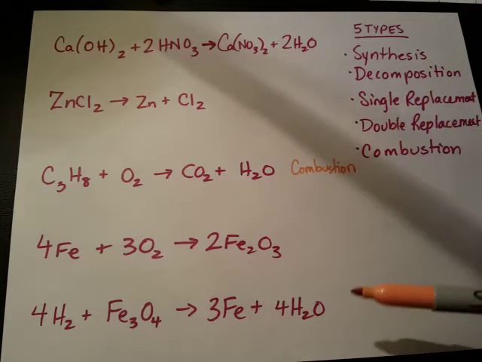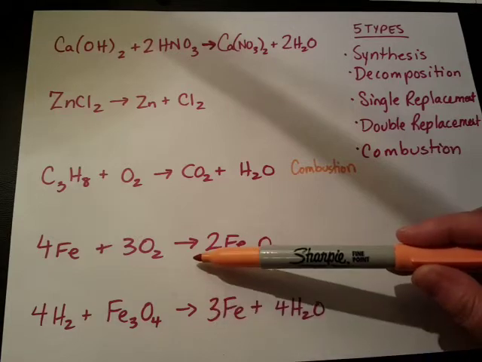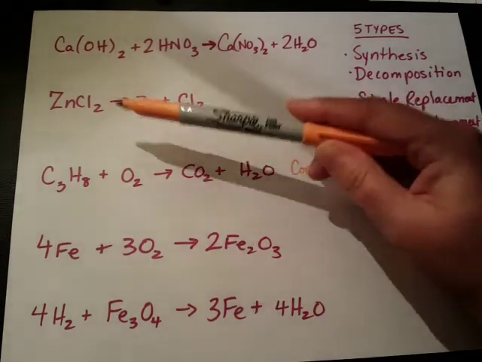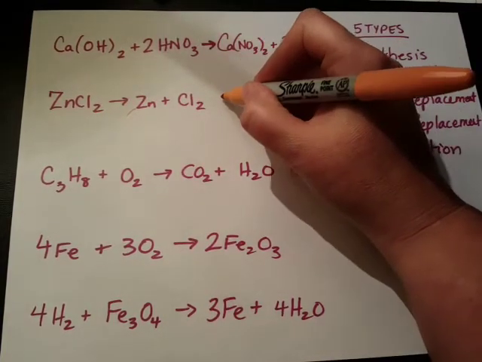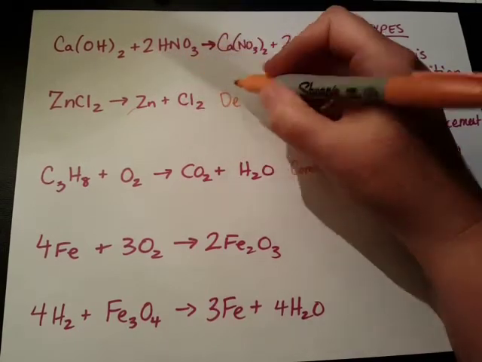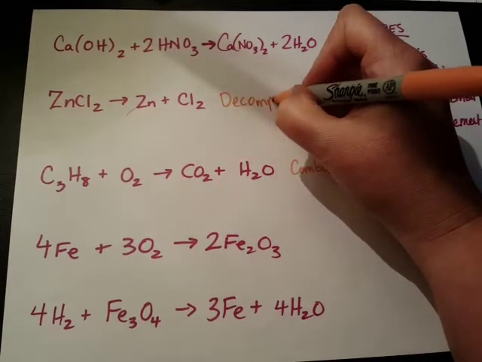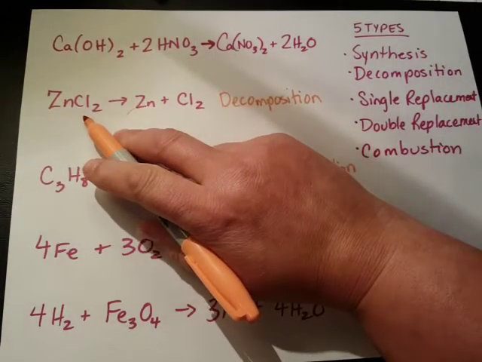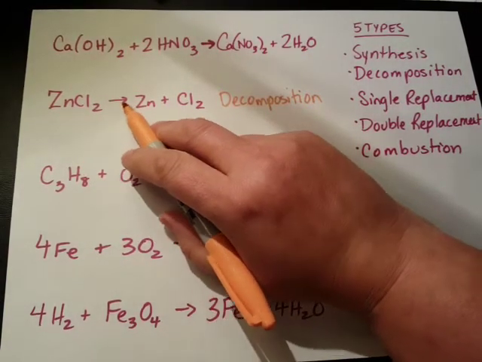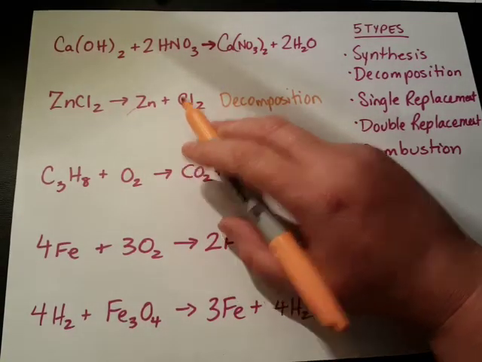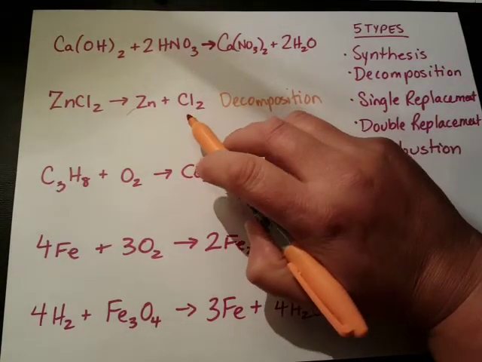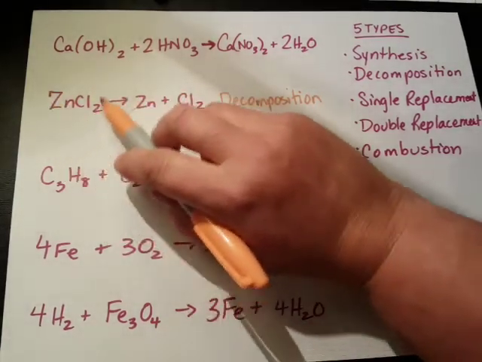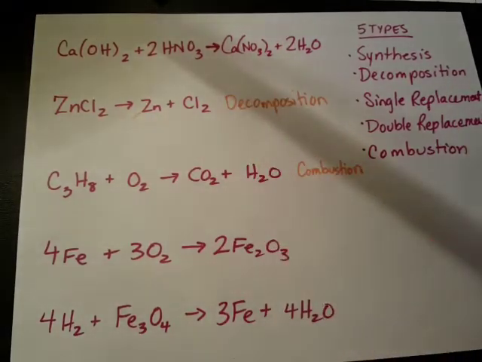So if we just look where our arrow is, we could see that zinc chloride decomposes to form zinc and chlorine gas, probably. But we only have just the single reactant there.